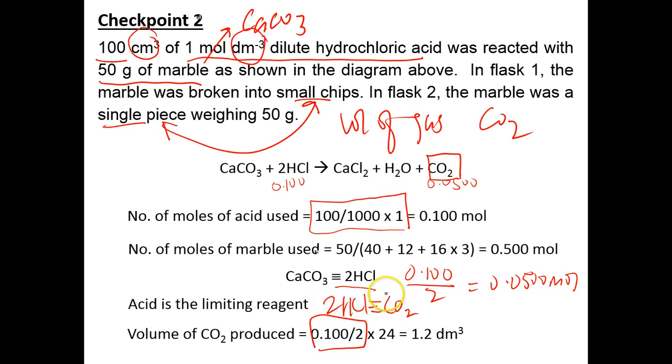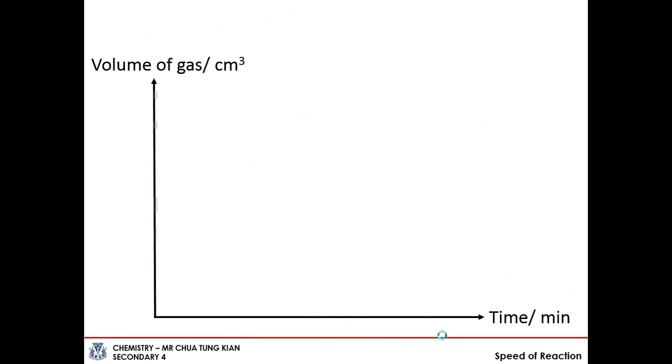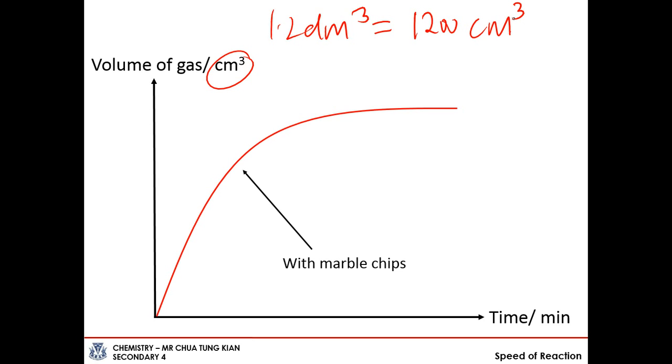So 2 is to 1, 0.1 is to 0.05. So number of moles of carbon dioxide multiplied by 24 for RTP, and we get 1.2 dm cube of CO2 produced. So when we draw the graph, take note, 1.2 dm cube of gas produced, this is in cm cube. We convert this by multiplying by 1000, we get 1200 cm cube of gas produced.